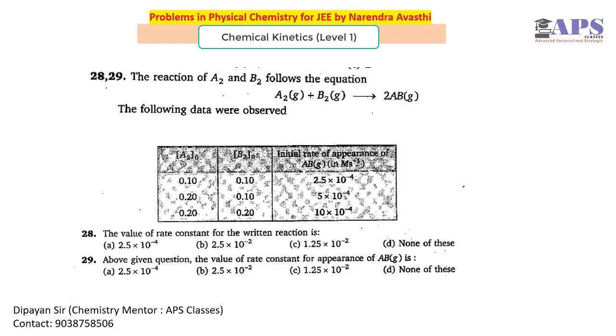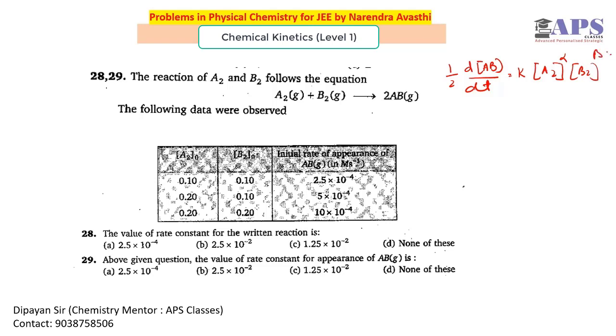Okay, so we have a combined question of 28 and 29. First, we will solve question number 28. So the rate of the reaction can be written as d[AB]/dt equal to K times [A] to the power alpha times [B2] to the power beta.